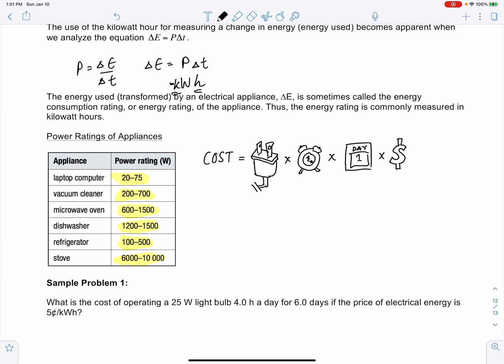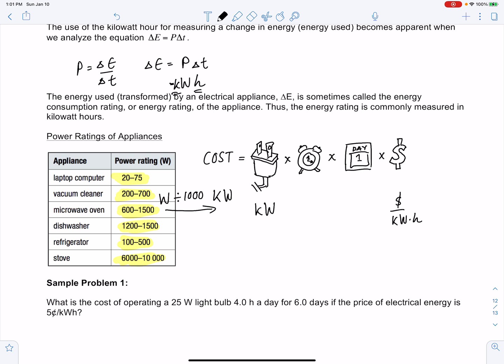The electrical company will charge you in dollars per kilowatt hour, so it's important that we express this power rating in kilowatts. To go from watts to kilowatts, we divide by 1,000.